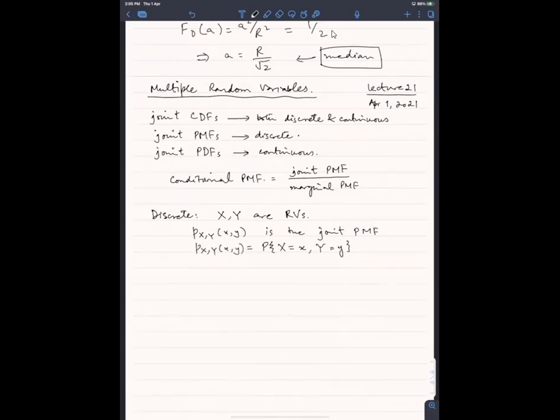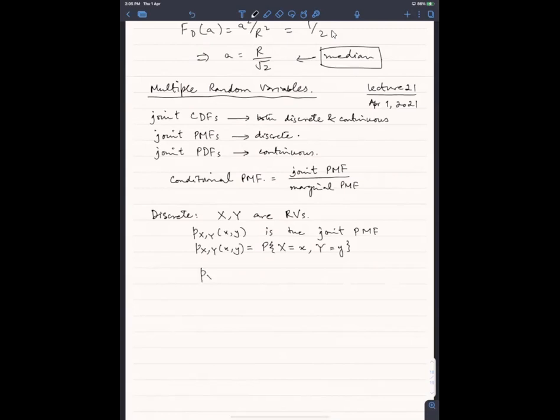The marginal PMF is obtained by summing out X or Y. If you need the marginal PMF of Y, you sum out X, and if you need the marginal PMF of X, you sum out Y.